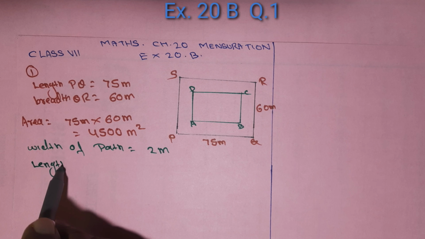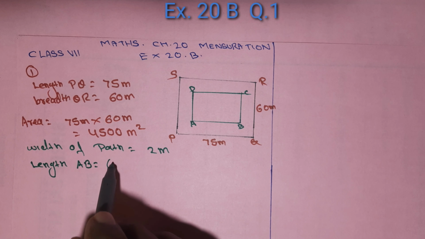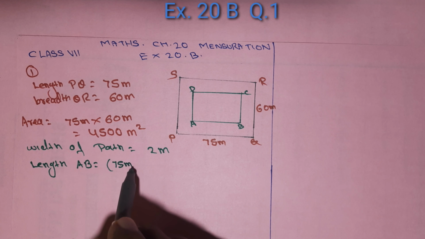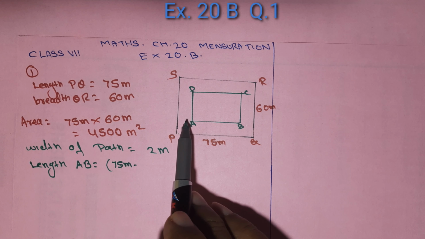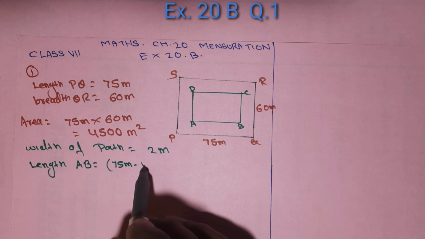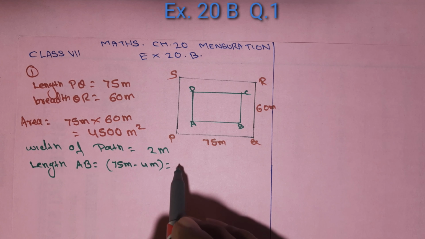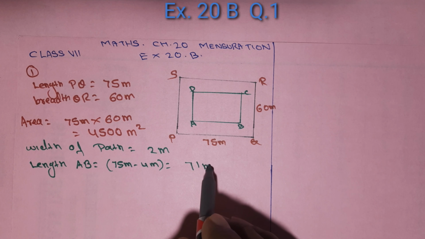Length AB is equal to what? 75 meter minus, here we have to subtract 2, and here subtract 2. 2 plus 2 is 4. So we have to subtract 4 meter. So we got 71 meter.